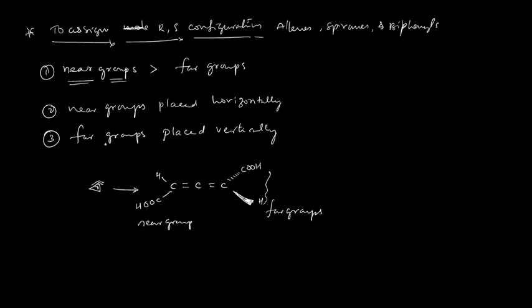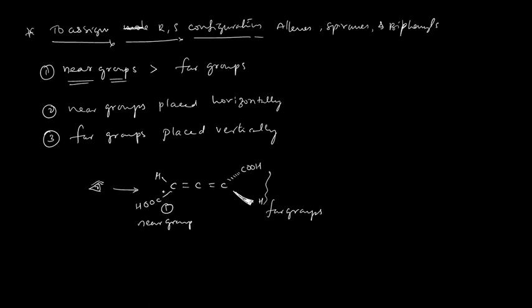According to the rule, near groups will be given first priority over the far groups. Here two near groups are present in this molecule. First, according to the CIP rule, give priority between these two. Which will get first priority?